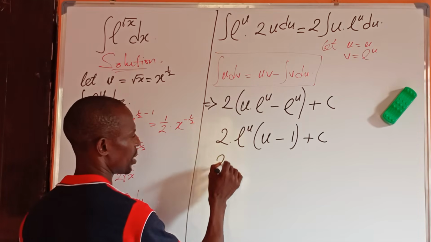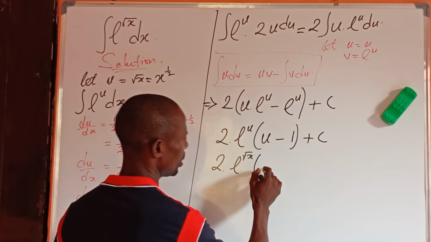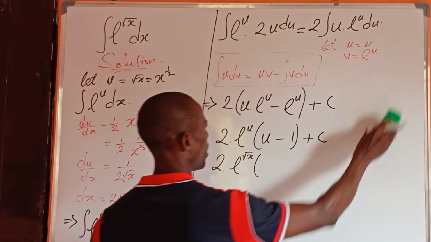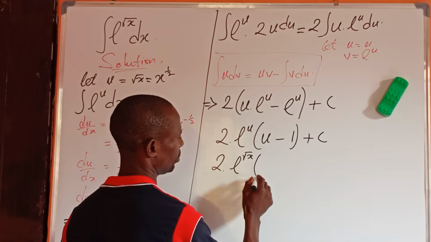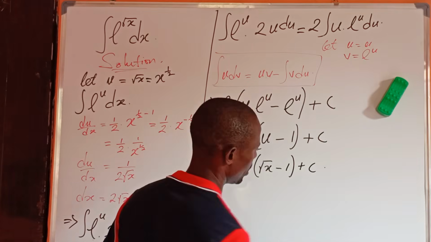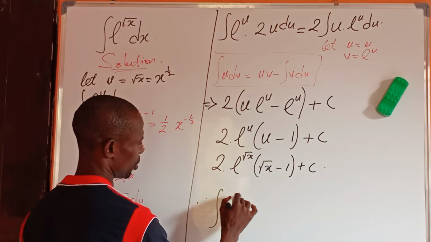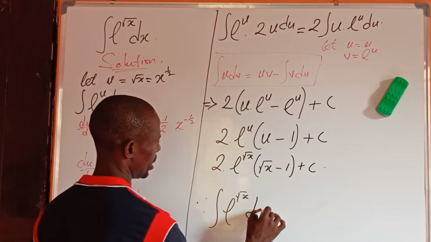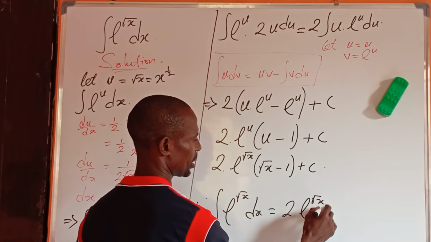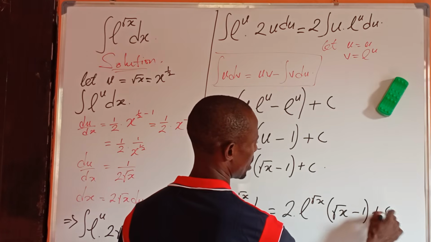This gives us 2 times e raised to the power of the square root of x, bracket, the square root of x minus 1, plus c. Therefore, the integral of e raised to the power of the square root of x, dx, is equal to 2 times e raised to the power of the square root of x, bracket open, the square root of x minus 1, close bracket, plus c.